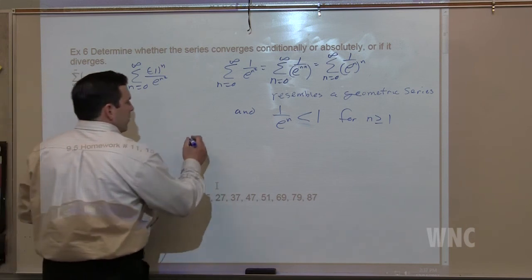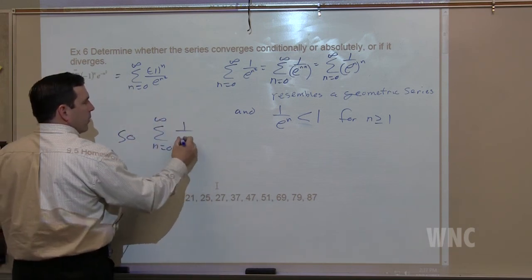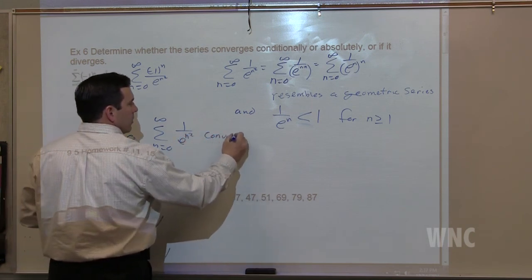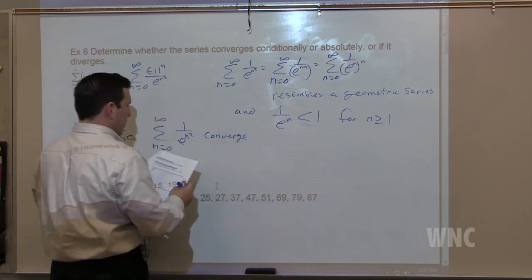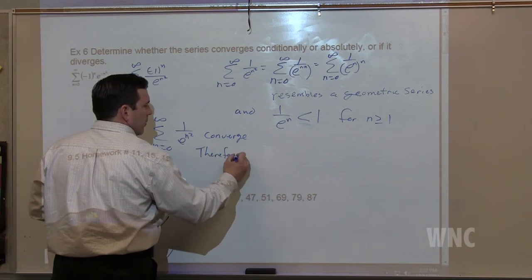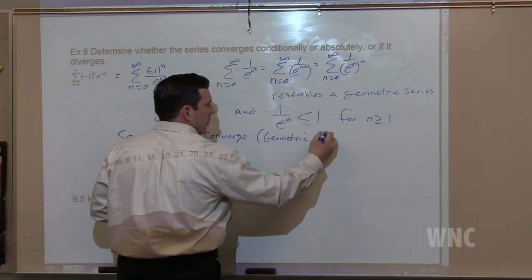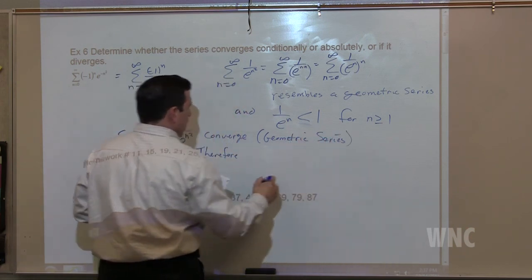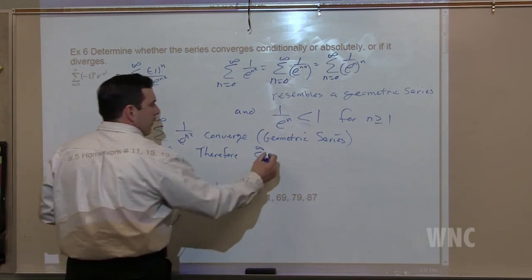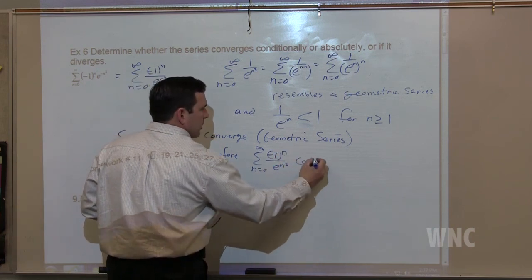So the sum as n goes from 0 to infinity of 1 over e to the n squared will converge, by geometric series. Therefore, the sum as n goes from 0 to infinity of negative 1 to the n over e to the n squared converges absolutely.